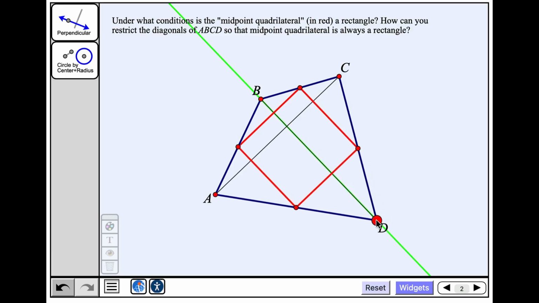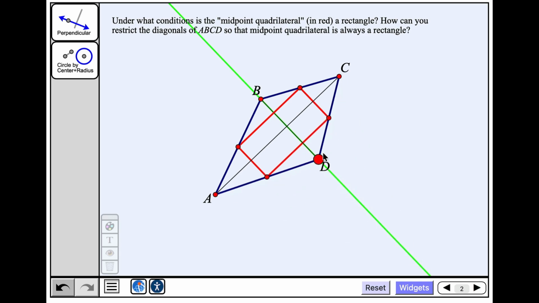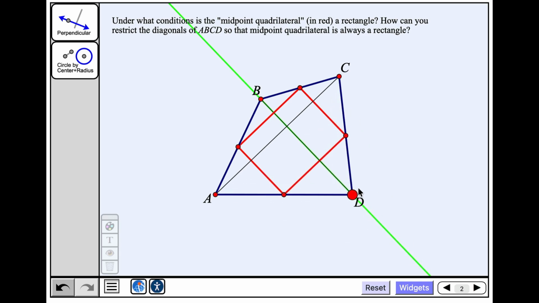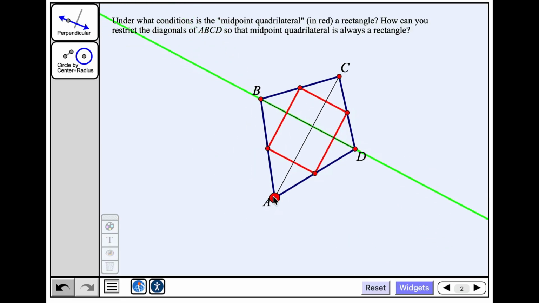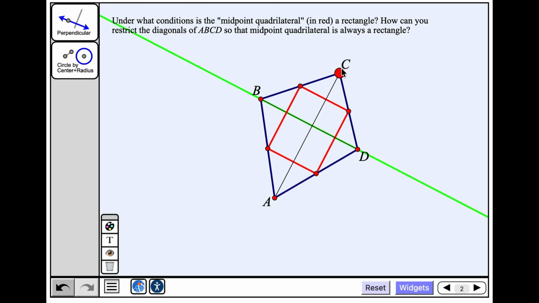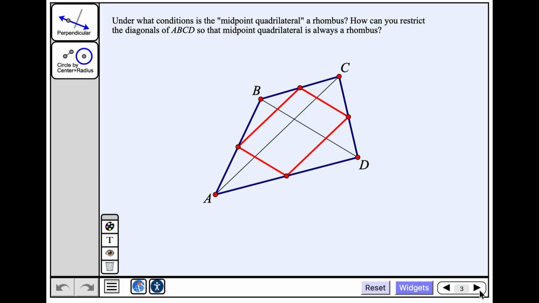And if I let go while they are highlighted and glowing, then, lo and behold, D is now attached to that green line. These two diagonals, AC and BD, are always perpendicular, and our parallelogram is now always a rectangle.